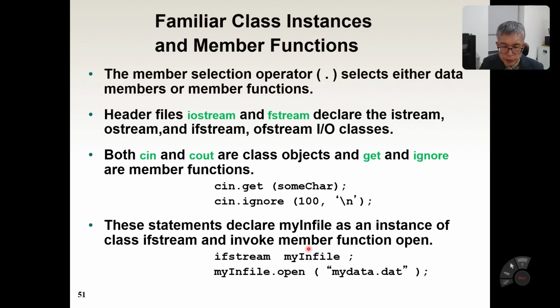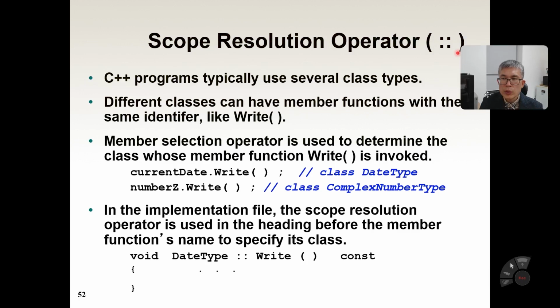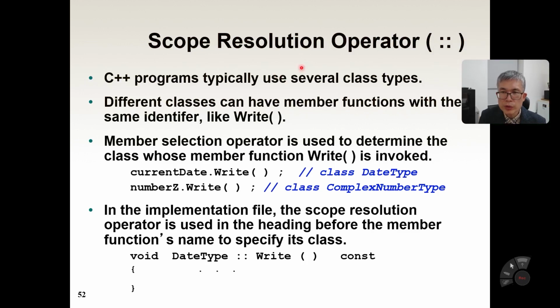So in order to input from a file named mydata.dat, we can use this ifstream object, and the member function open is called. The parameter is a file name. Then we have the scope resolution operator, colon colon. Okay, it is the scope resolution operator.